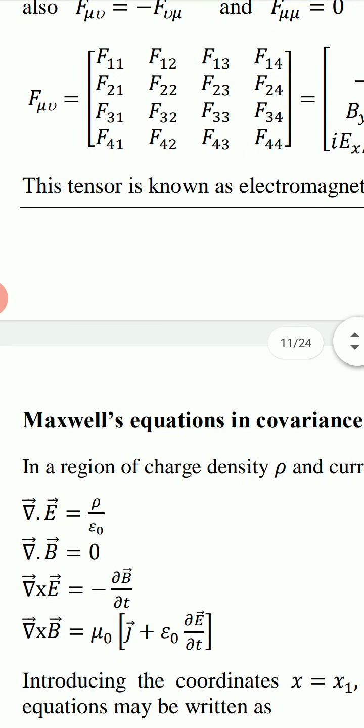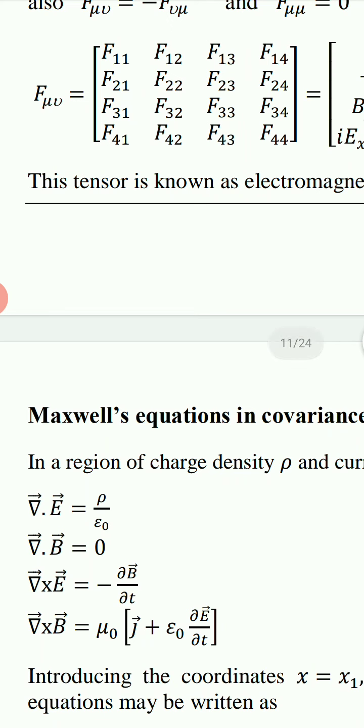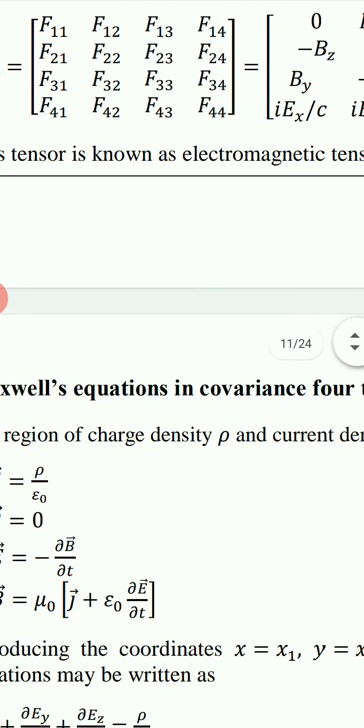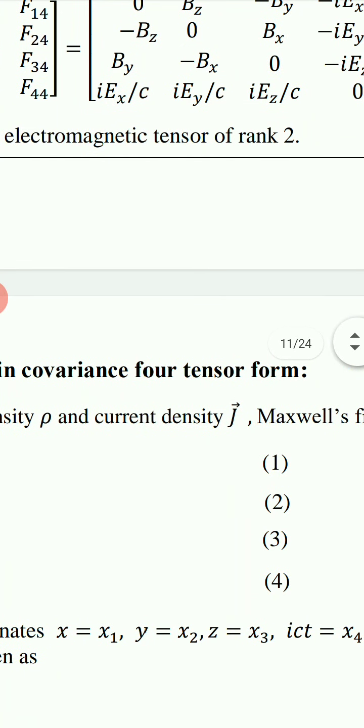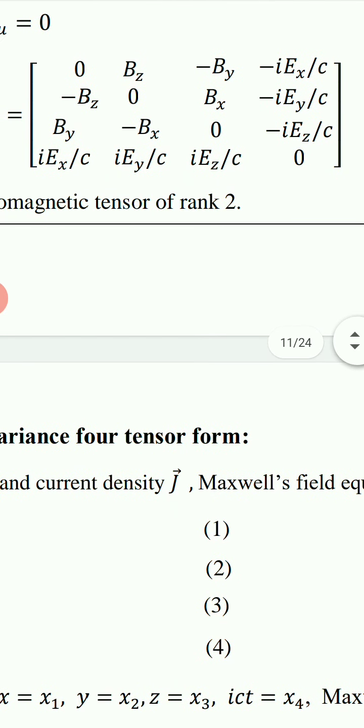And this F mu nu is known as the electromagnetic tensor of rank 2.